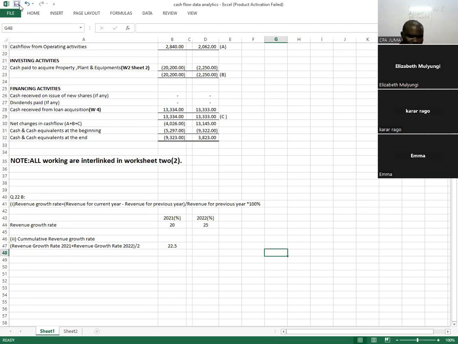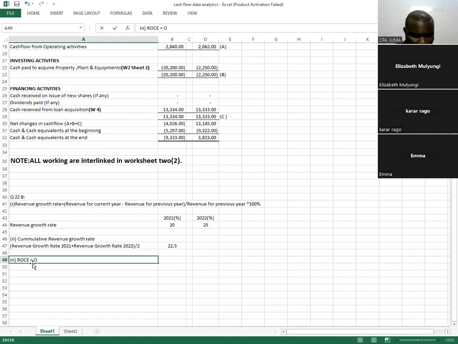Part 3, return on capital for each of the 3 years. Discuss your results. So part 3, ROCE. What is the formula for ROCE? It should be operating profit. Actually, in finance, we call it EBIT, earnings before interest and tax.